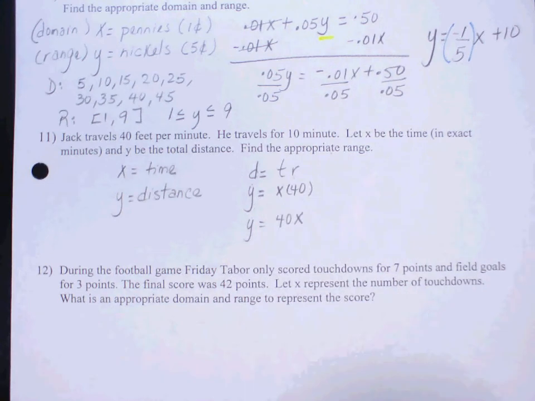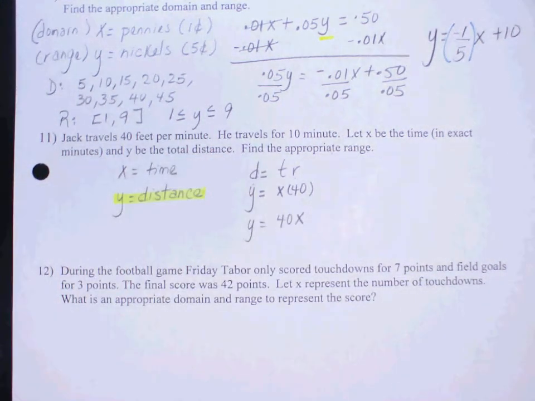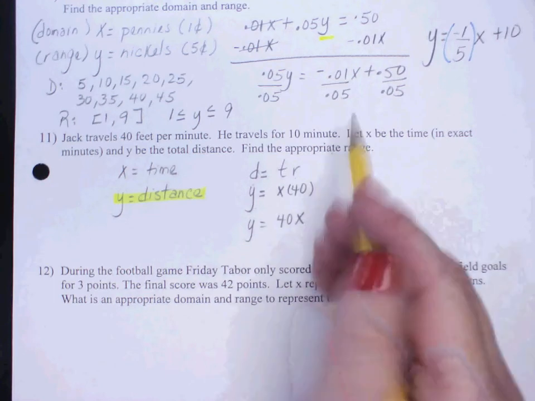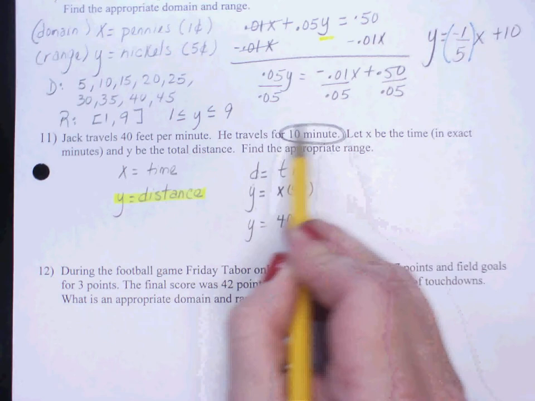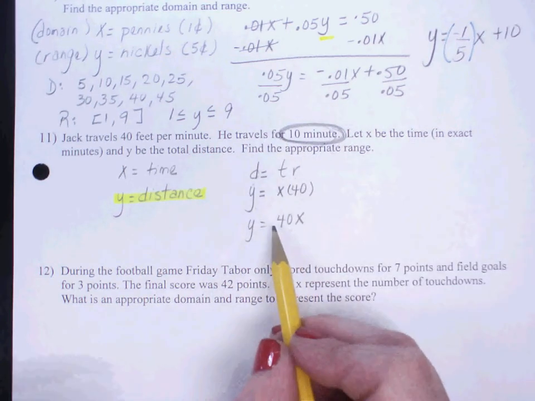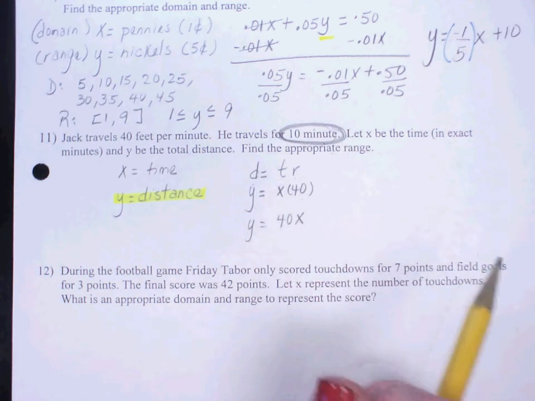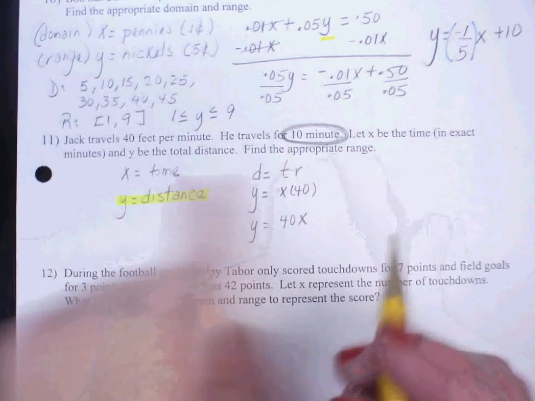All right, so we're looking for range. But he only traveled for 10 minutes. So what does that mean that he only traveled for 10 minutes? Okay, but then what does that mean in the equation? X equals what? 10.